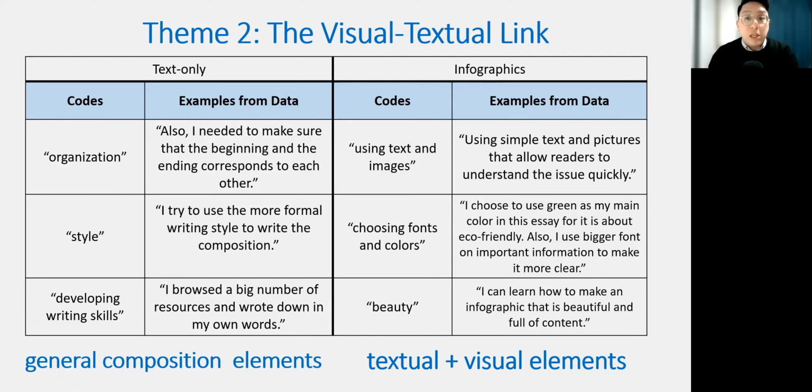Those are general composition concepts that we would teach in a classroom. But for infographics, they were focusing more on textual and visual elements; those were rising to the top. When they were describing their assignments in the self-reflections, those were the things they were mentioning.